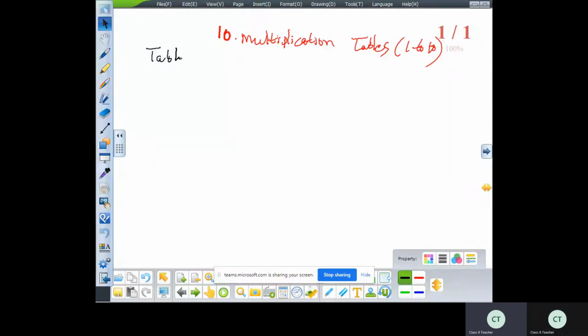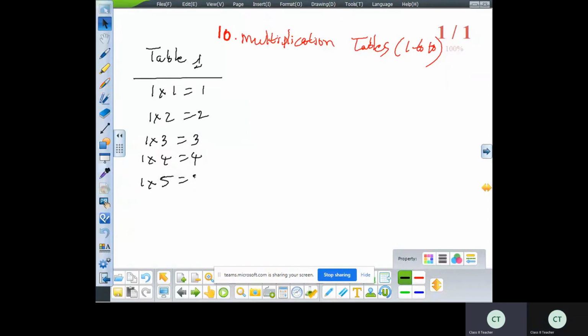Table 1. 1 one is 1. 1 two is 2. 1 three is 3. 1 four is 4. 1 five is 5. 1 six is 6. 1 seven is 7. 1 eight is 8. 1 nine is 9. 1 ten is 10.